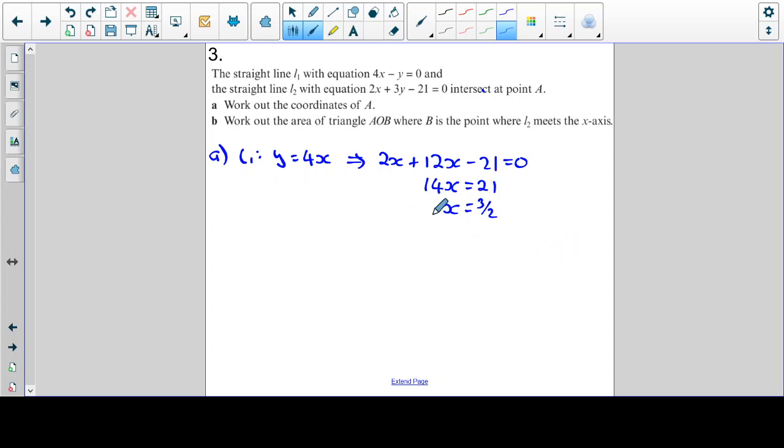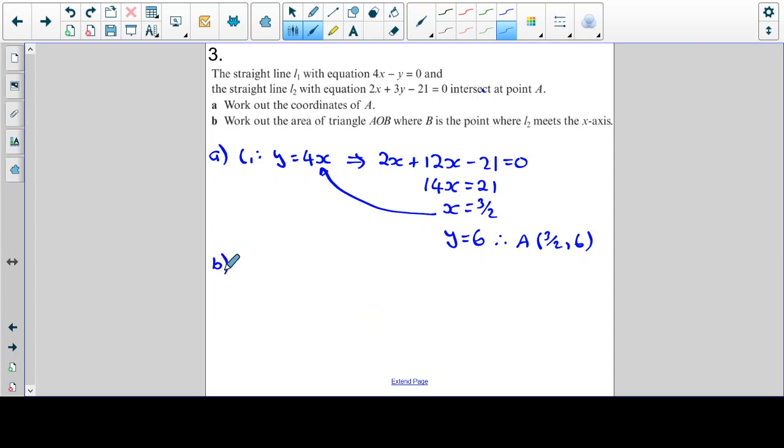And then we can substitute that in, multiplying that by 4 gives us that y equals 6. So the coordinates of A are 3 over 2, 6.